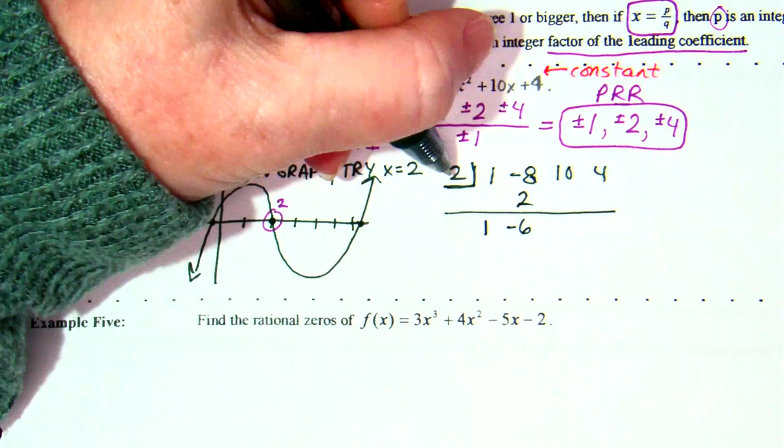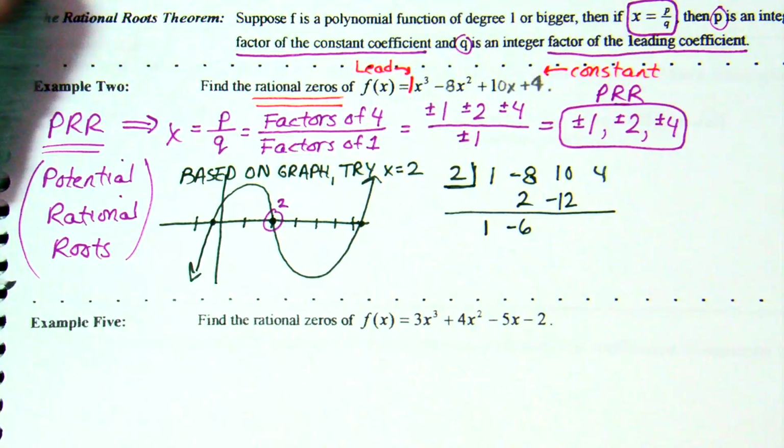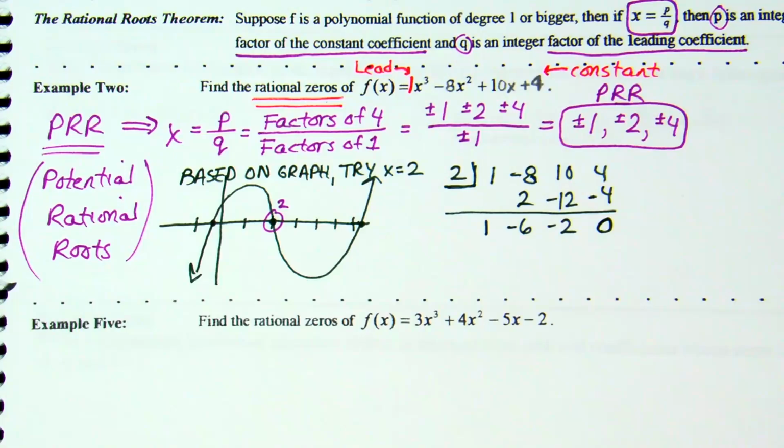Negative 6. 2 times negative 6? Negative 12. 10 plus negative 12? Negative 2. 2 times negative 2? Negative 4. And 4 plus negative 4? 0. What's that 0 tell me? It works, right? This tells me that 2 works because there was a remainder of 0.